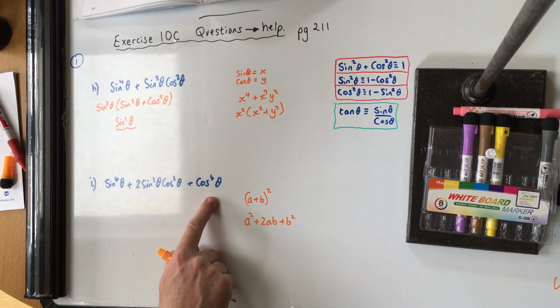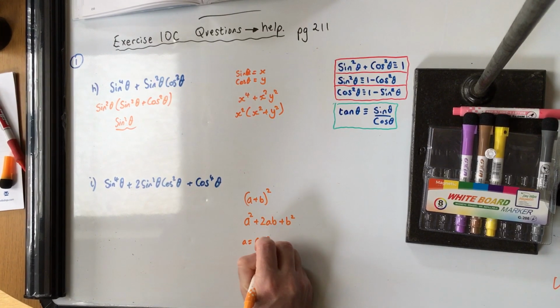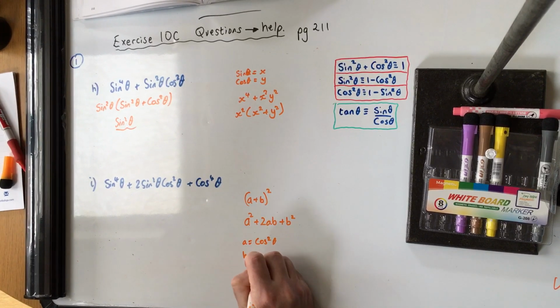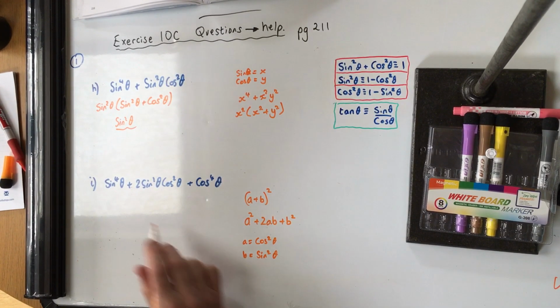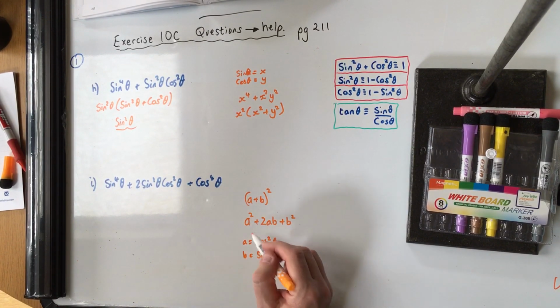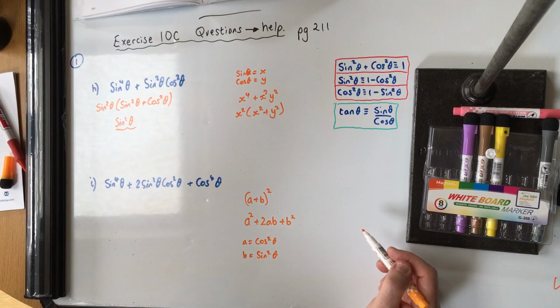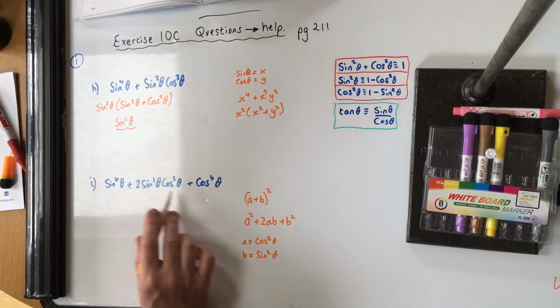And that's this shape here. That's starting with a as cos squared theta and b as sine squared theta. I should have done them the other way around, doesn't really matter, it gives you the same thing. So you've got cos squared times cos squared, which is cos to the power of 4, and the middle bit you can sort of see.